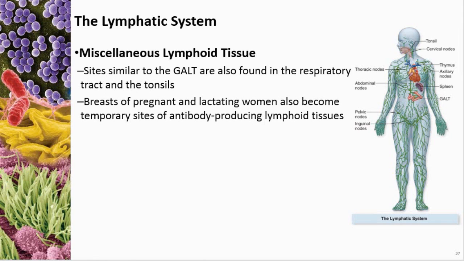But as I mentioned earlier, it's a really common place to have pathogens introduced during nursing, not only because there's holes in the nipples where the mammary glands secrete, but also because it's very common for cracks and fissures to occur on the nipple because of the suckling of the infant.